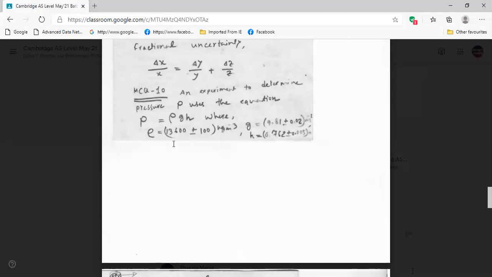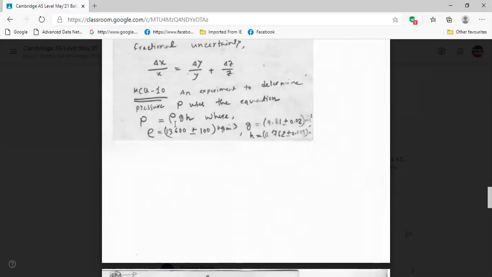We solved it here. Look, an experiment to determine pressure P uses the equation P equals rho g h. This formula is known to you, isn't it? Now for rho, g and h the values are given.